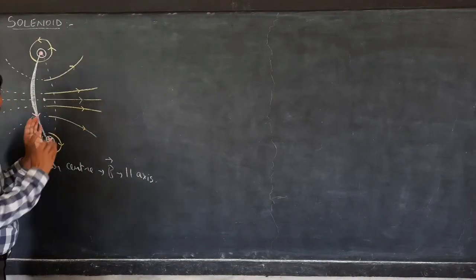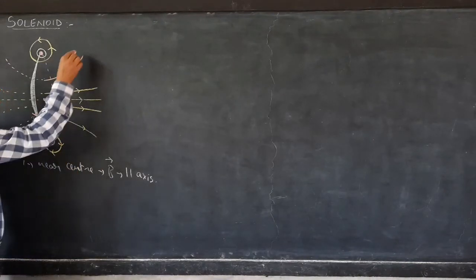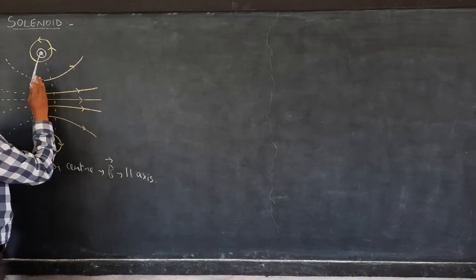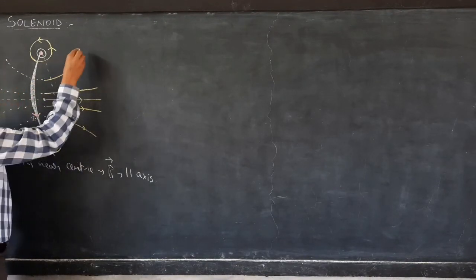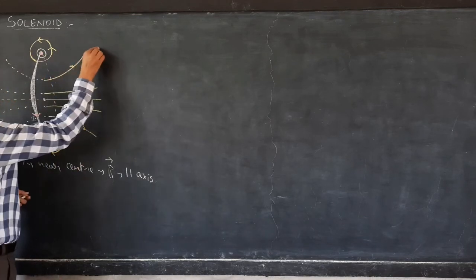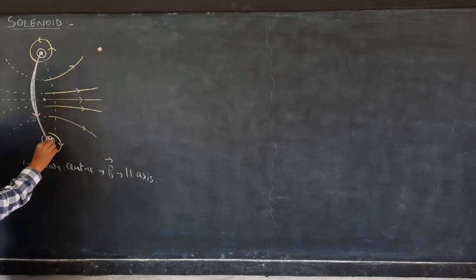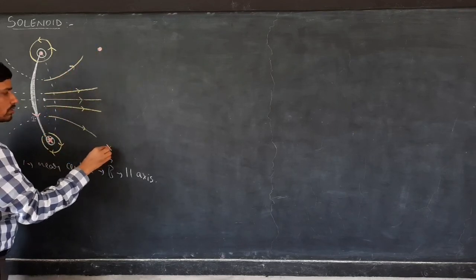Now instead of one turn, एक coil के बजाय, suppose I have one more coil which is placed just adjacent to it. Here the current was coming out, here also the current will be coming out. So I'll represent it by dot, and here I'll represent it by cross.